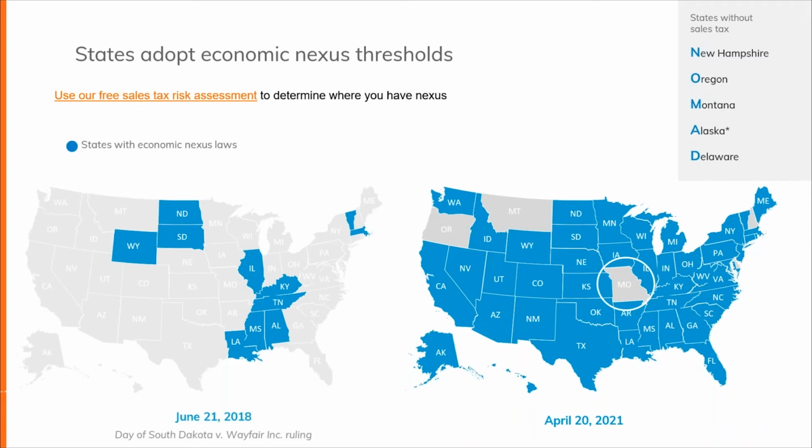The states that did that did so in anticipation of a court case coming down, such as South Dakota versus Wayfair. South Dakota versus Wayfair was a U.S. Supreme Court case that was heard in 2018, where the U.S. Supreme Court agreed with South Dakota and said it's okay to require an out-of-state seller to collect your sales tax if all they have is an economic presence in your state.